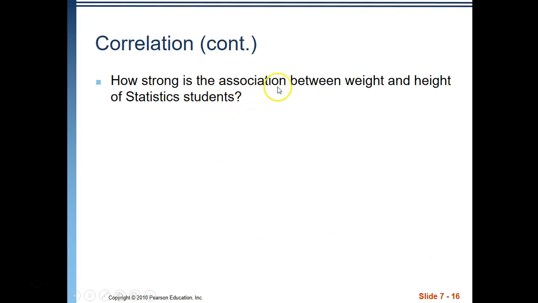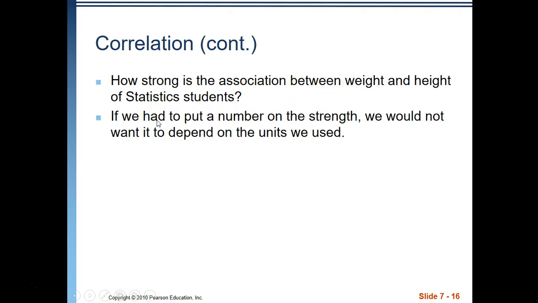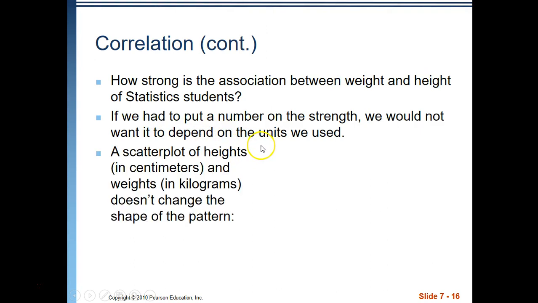How strong is the association between weight and height of our statistics students? If we had to put a number on the strength, we would not want it to depend on the units we used. A scatter plot of heights, which maybe are in centimeters, for example, and weights, which maybe are in kilograms, doesn't change the shape of the pattern. Just by me changing the heights, it should still be the same pattern.